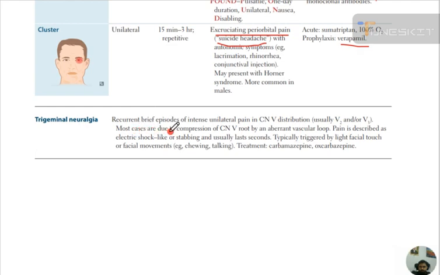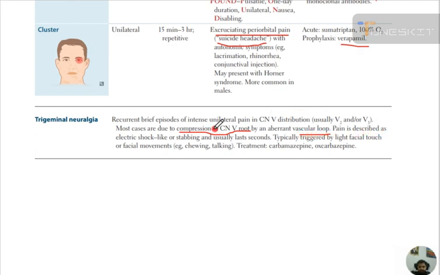Most cases are due to compression of cranial nerve 5 root by an aberrant vascular loop.